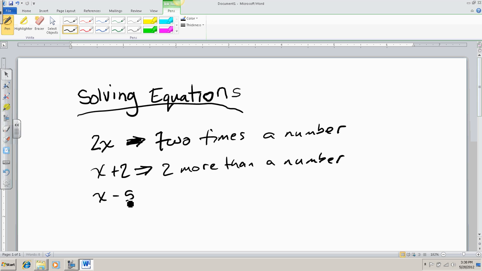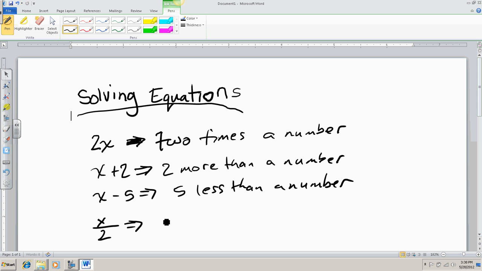X minus 5, 5 less than a number, and so on. Oh, and there's another one here I should probably put. X over 2. This is a number divided by 2.